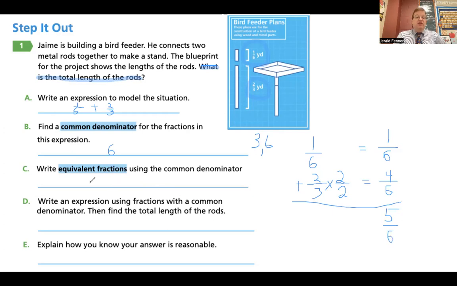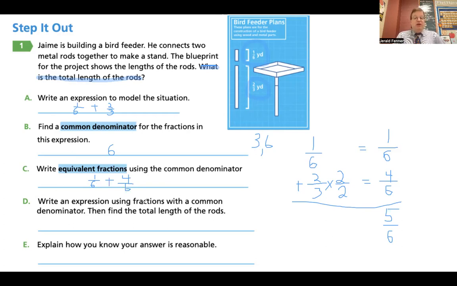Okay, so they say write the equivalent fractions. It would be 1/6 plus 4/6. Okay, they said just write the equivalent fractions.